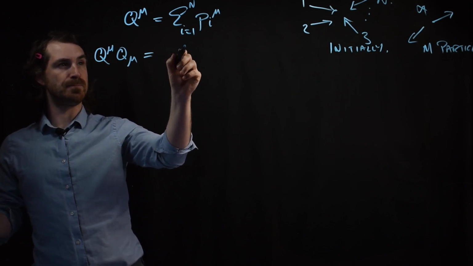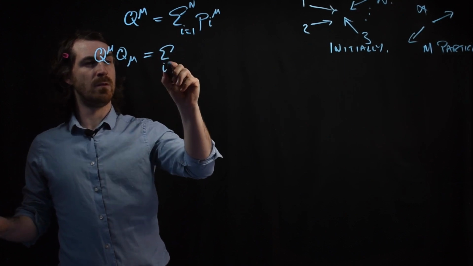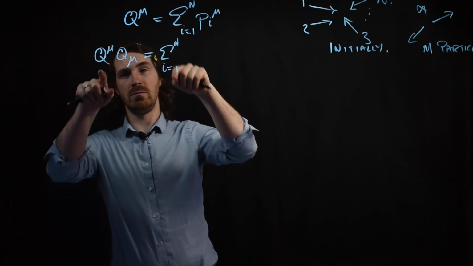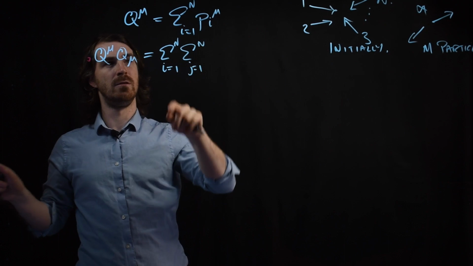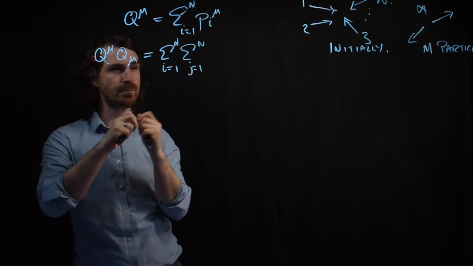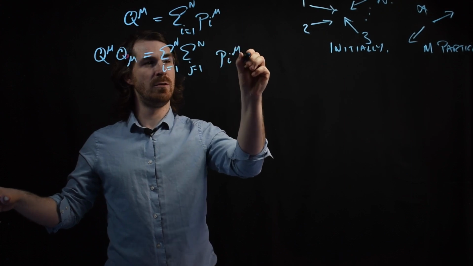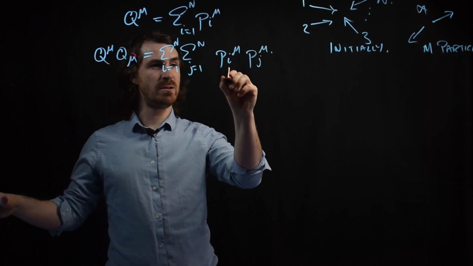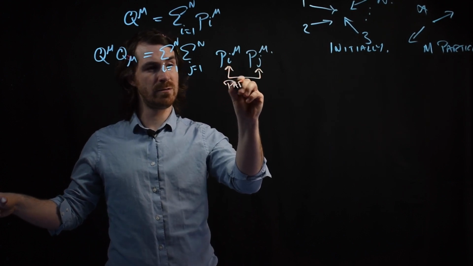It will be a sum over i from 1 to n for the first Q, and let's have a sum over j from 1 to n for the second Q. And then we have p i mu, p j mu. These i's and j's label the particles, so these are particle labels.